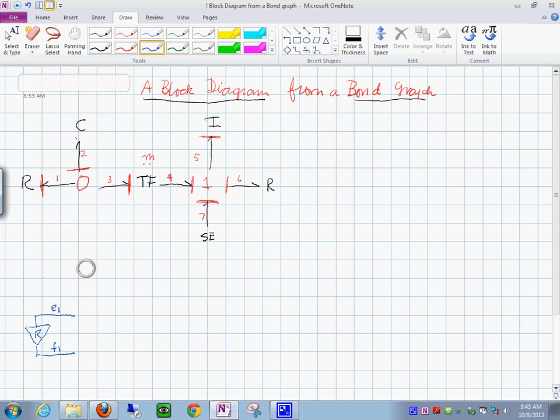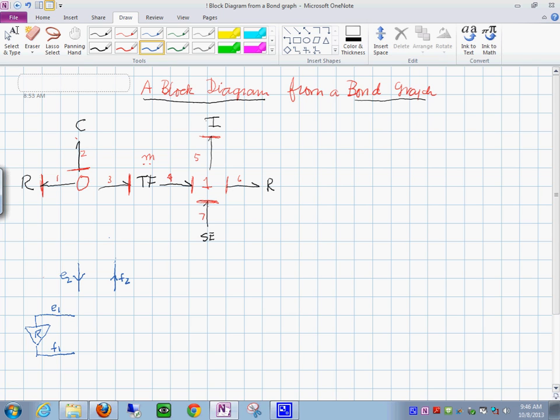This C over here, up here, you have it like this. The effort, this E sub 2, is out, and F sub 2 is in. So what happens over here?